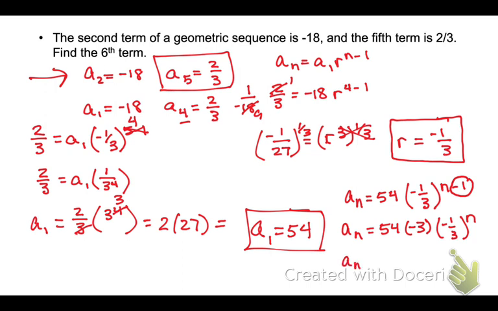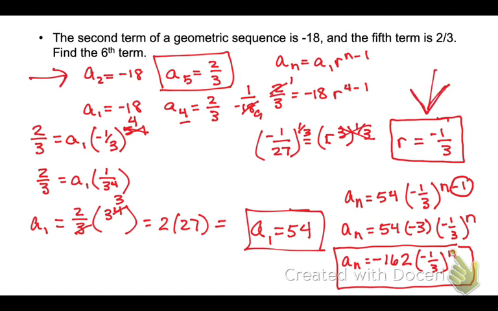Multiply by negative 3 and I get negative 162. So we had to find r first, then a sub 1 second, and then we wrote our definition.